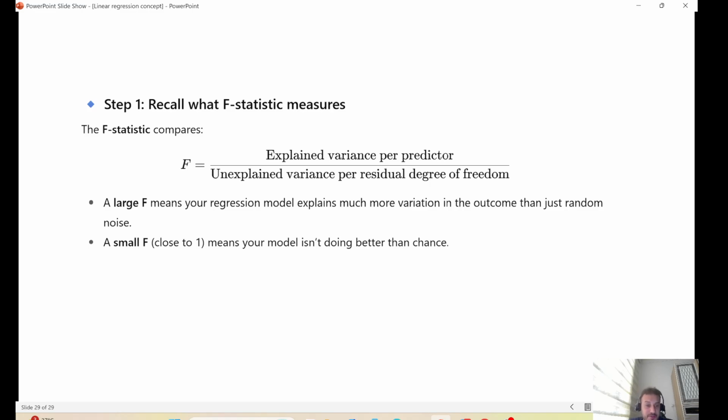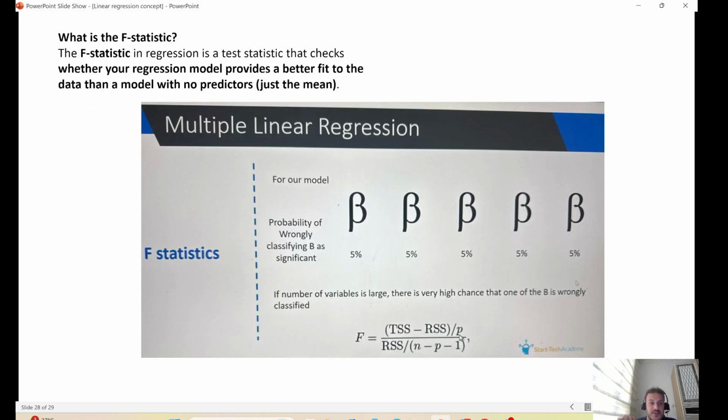A large F means your regression model explains much more variation in the outcome than just random noise. A small F, close to 1, means your model isn't doing better than chance. The F statistic tells you how well the model fits the data, so if it's low, your model is not a good fit for your data.